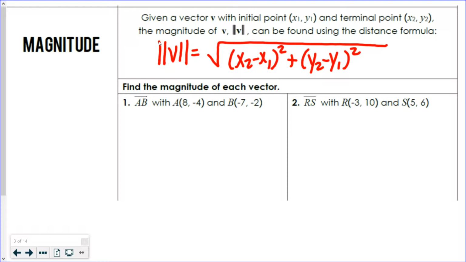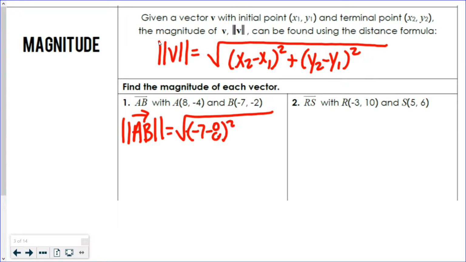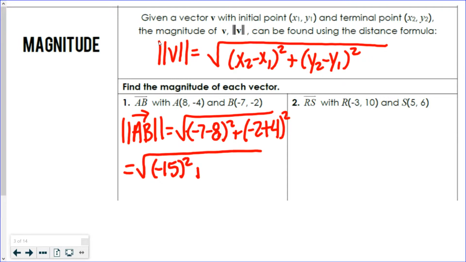So for AB here, the magnitude would be the square root of -7 minus 8 squared plus -2 minus a minus, which becomes positive, 4 squared. So -7 minus 8 is -15 squared, and 4 minus 2 is 2 squared.